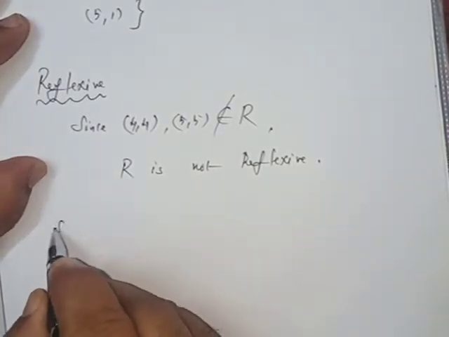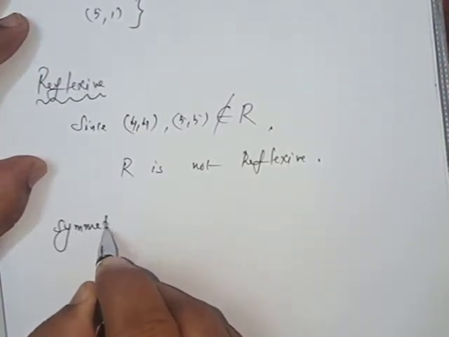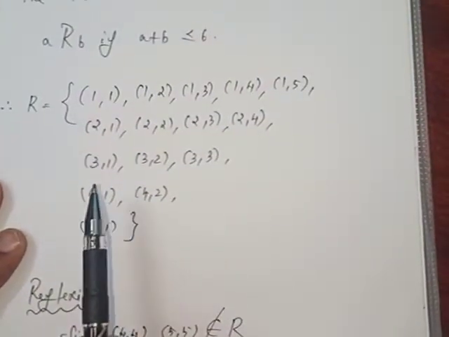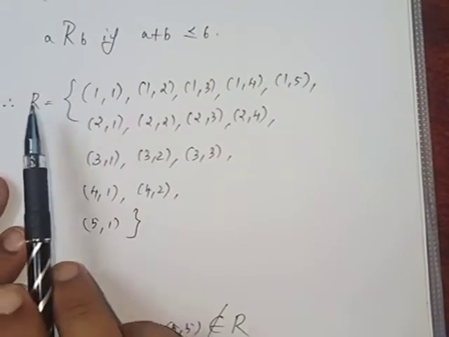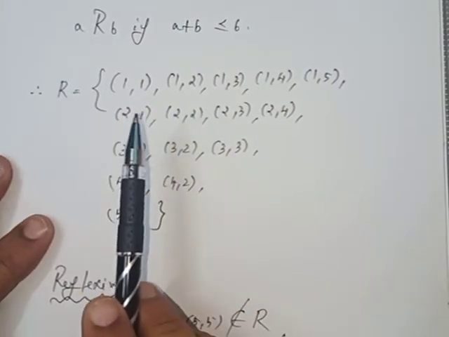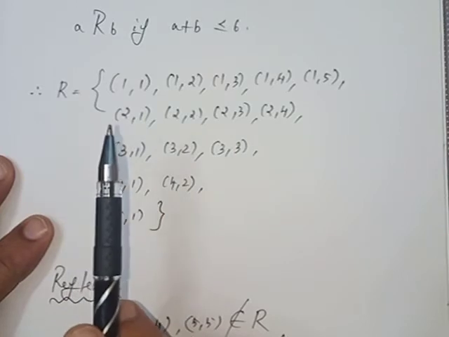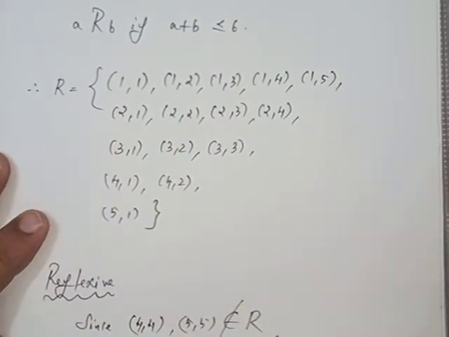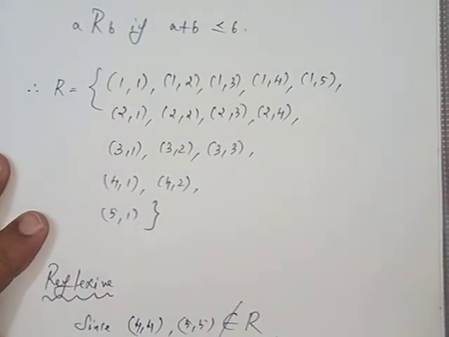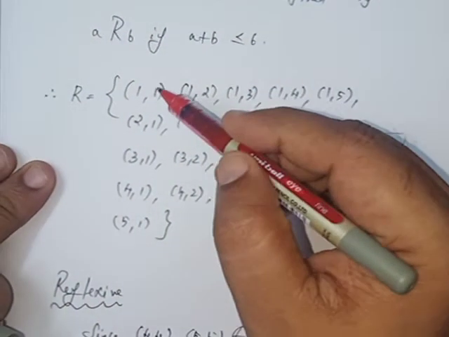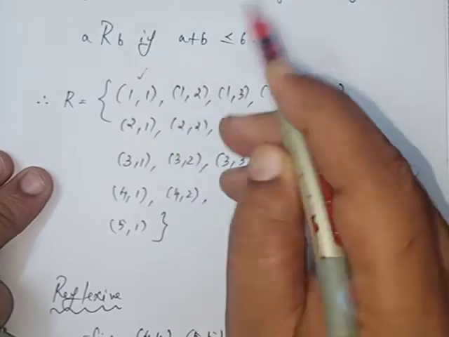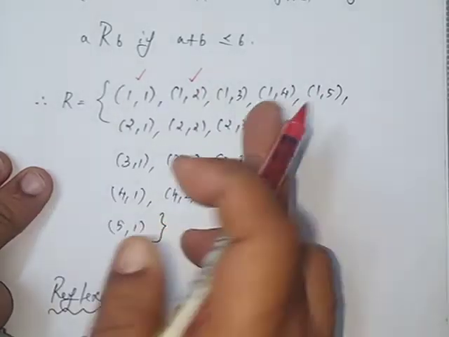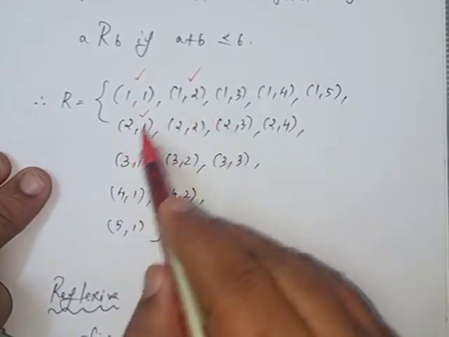Next one, symmetric. For every a comma b belongs to R, b comma a must also belong to R. Generally we can say R is symmetric. We can verify one by one. For 1 comma 1, the reverse is 1 comma 1 only. For 1 comma 2, the reverse is 2 comma 1. That is also there.